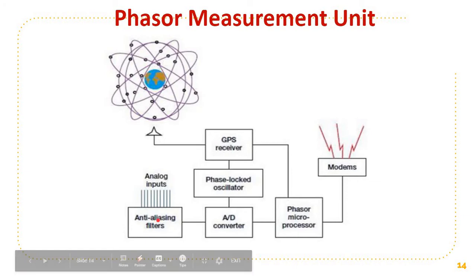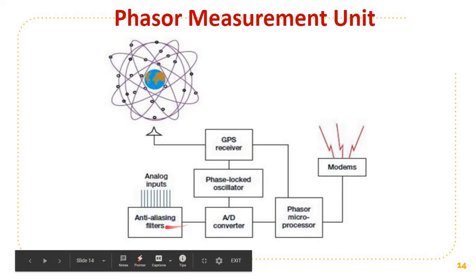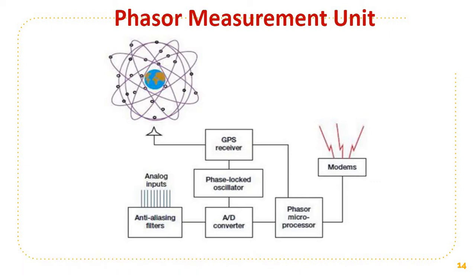There will be a surge isolation section also, which is omitted in this block diagram. An anti-aliasing filter is used to restrict the bandwidth of the signal to satisfy the Nyquist-Shannon sampling theorem for a fixed sampling frequency of the system.